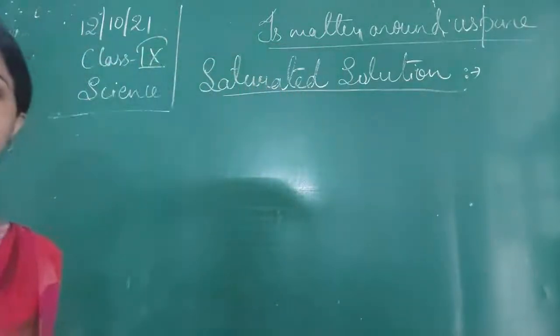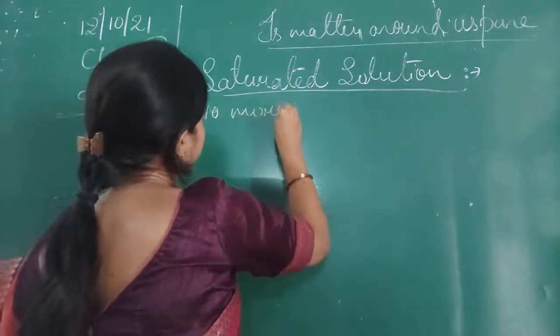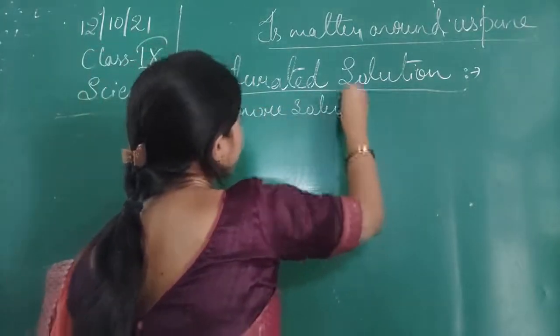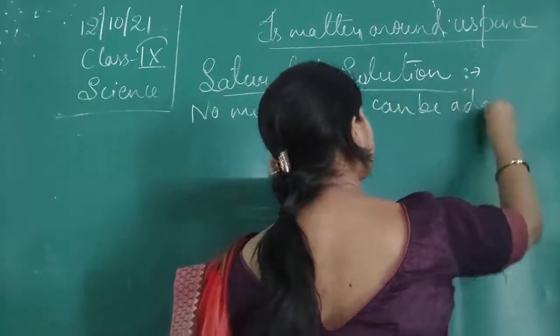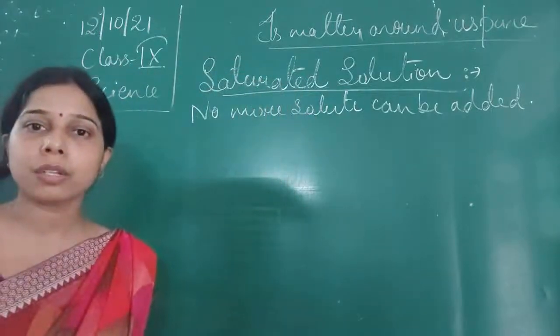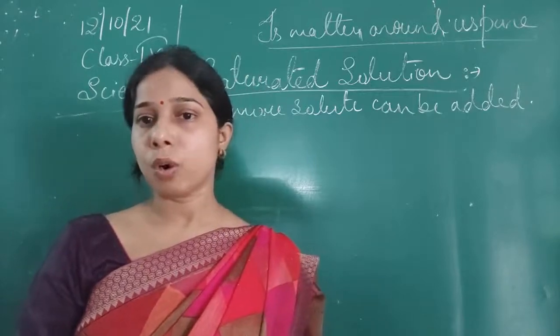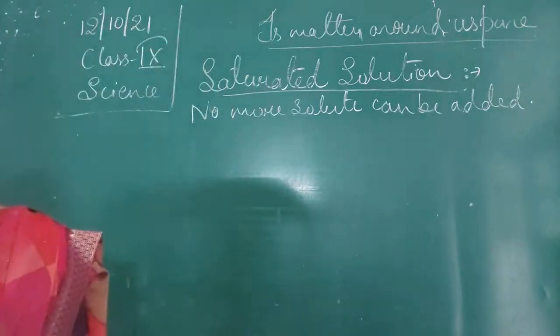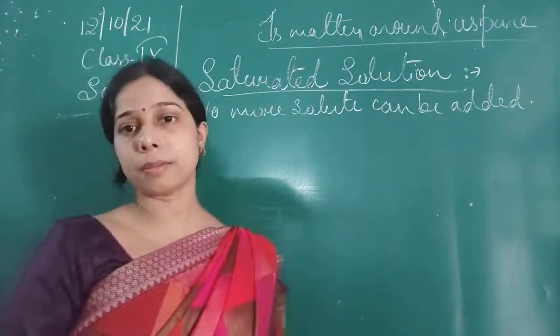What is a saturated solution? No more solute can be added to the solution, that is called a saturated solution. Okay, so we have understood what is a saturated solution and what is an unsaturated solution.